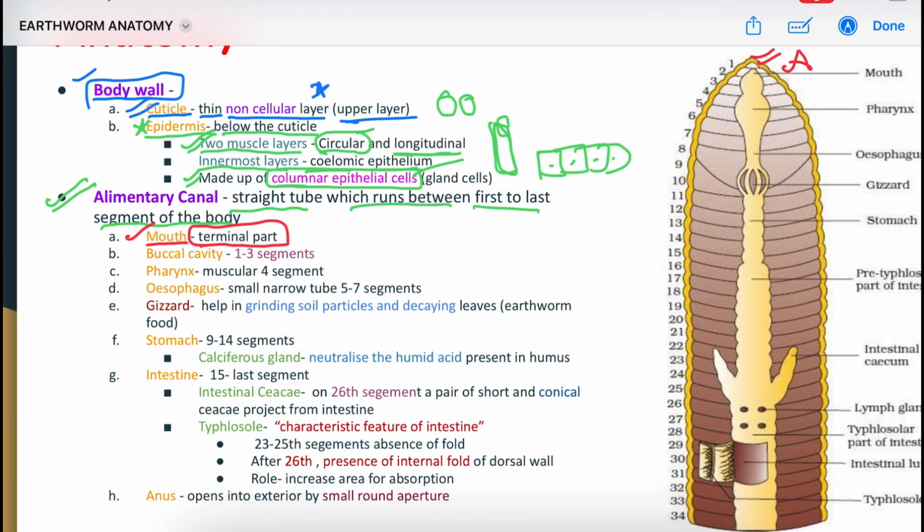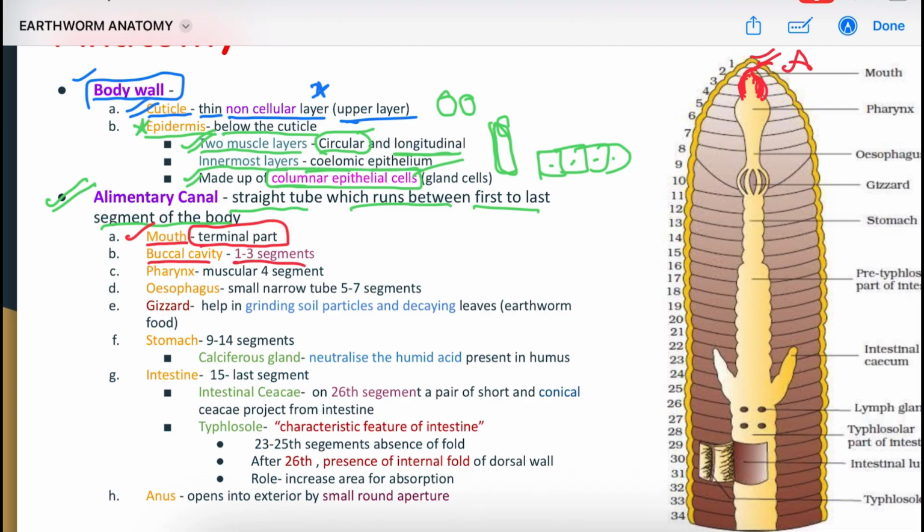After the mouth there is the buccal cavity. The mouth goes into the buccal cavity, which is present from segments 1 to 3.